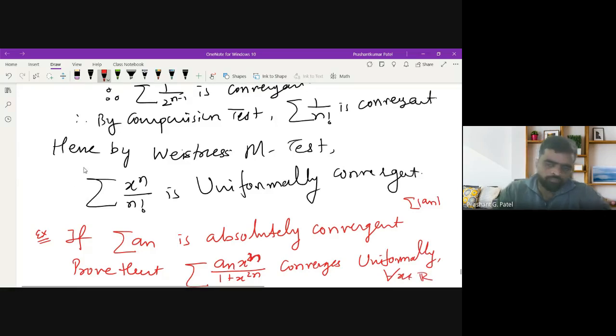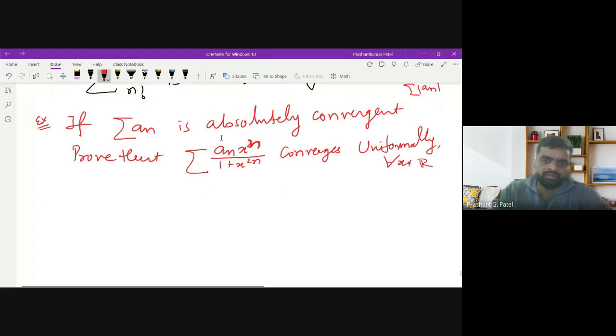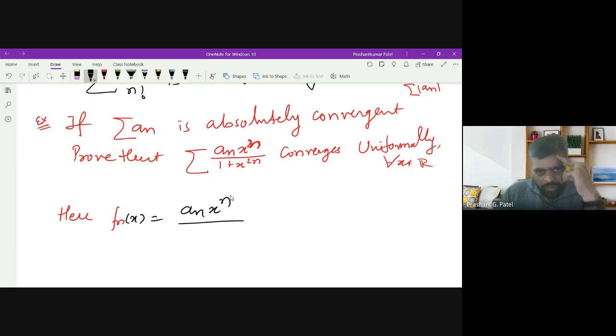So for any x, we have to prove that this series is uniformly convergent. Ultimately the idea is you have to look at this Fn. Fn of x is an x power n upon 1 plus x power 2n.